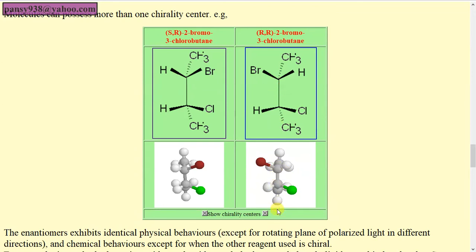This position brings the methyl at the back side, and in this molecule this is the case. Both are mirror images of each other. It doesn't seem so: this upper side is a mirror image, but the lower one is not the mirror image. Both are different in mirror character.